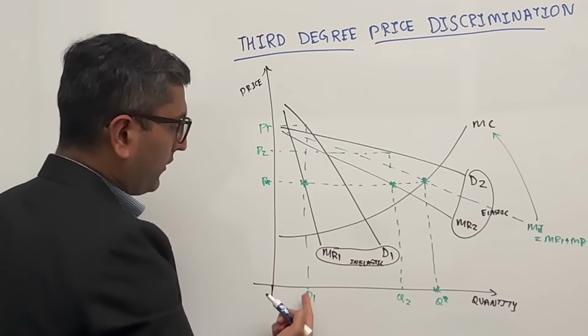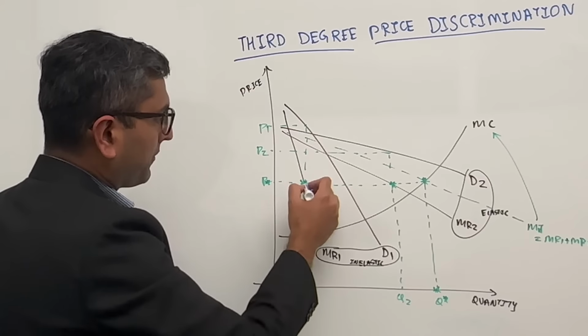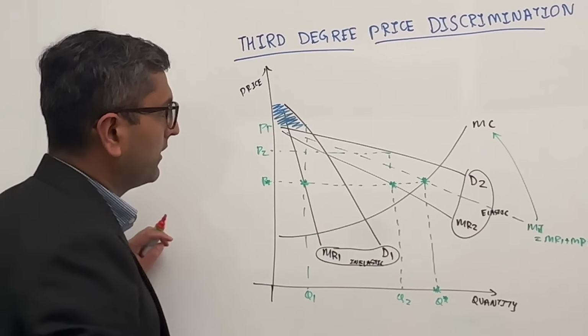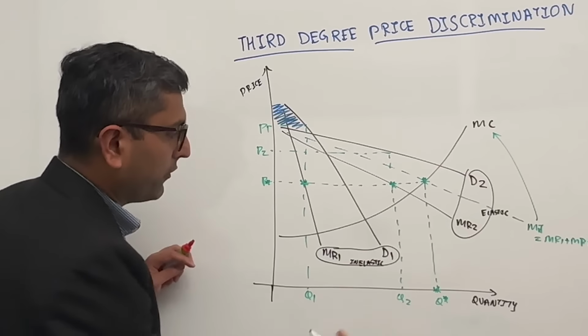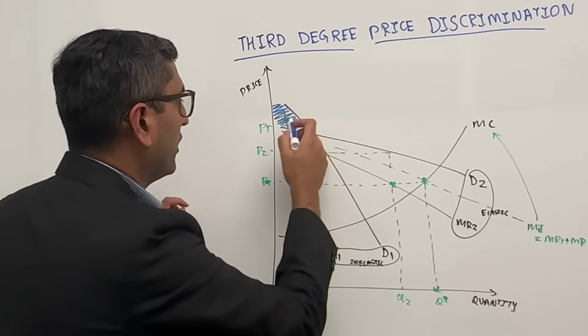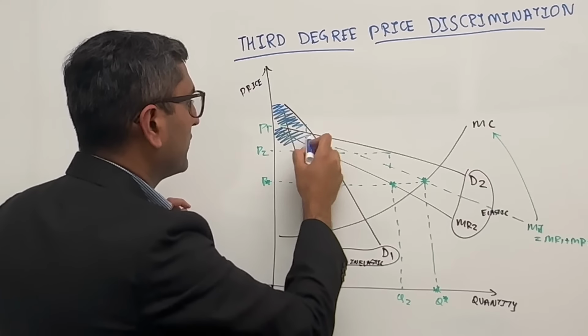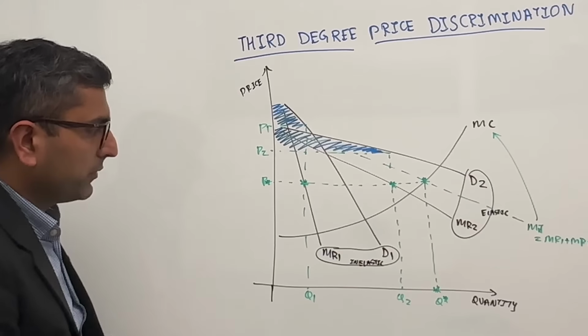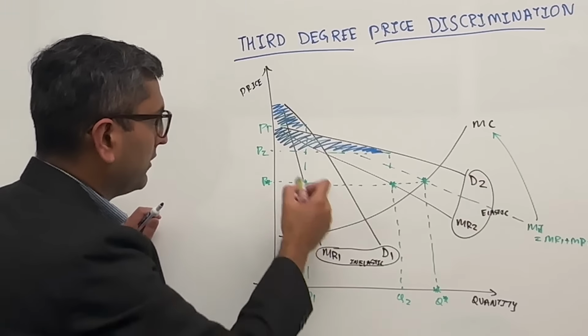Consumer surplus for quantity 1 would be this one here. And for these people at this price, the consumer surplus would be here. And what is the producer surplus? It would be all of this.